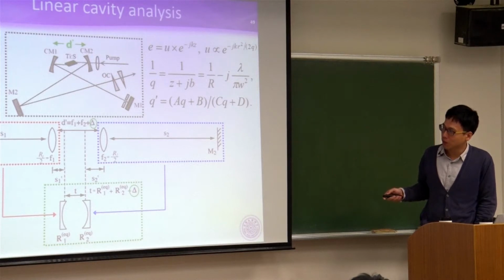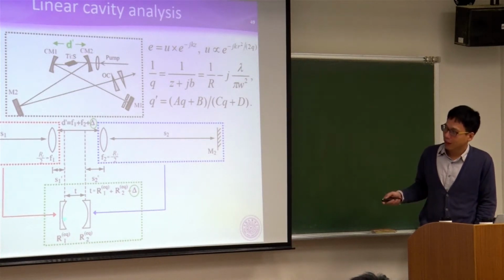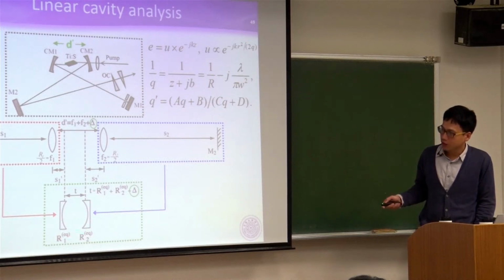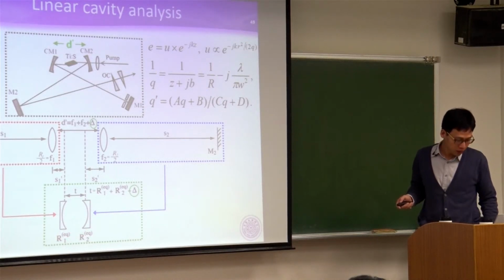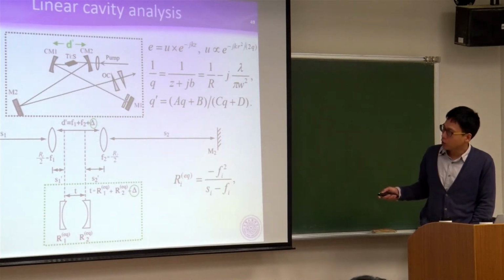The position of this equivalent curved mirror is away from the position of the lens by S1 prime. And the radius of curvature of the equivalent curved mirror is R1 EQ. And what are the governing formulas? R1 EQ equals minus F1 squared over S1 minus F1.